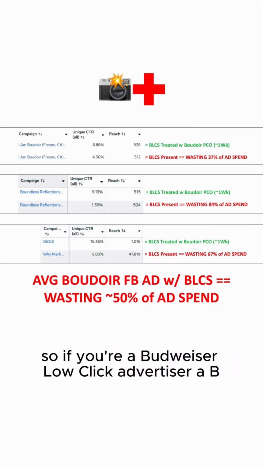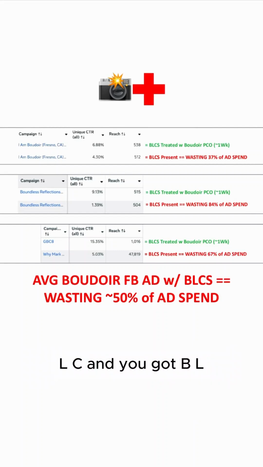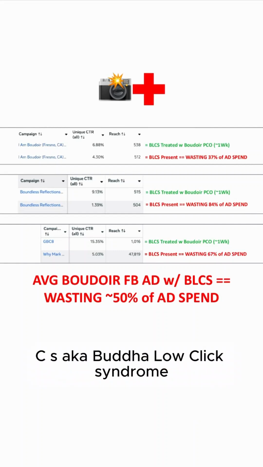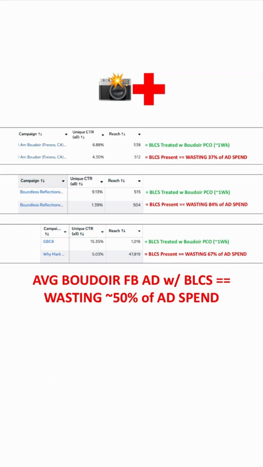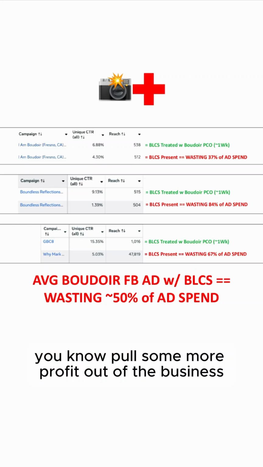All right, so if you're a Boudoir low click advertiser, a BLCA, and you've got BLCS, aka Boudoir low click syndrome, so your unique CTR is under 6% on your Boudoir Facebook ads, and you're spending more than 10 grand a month on Boudoir Facebook ads, and you want to pull some more profit out of the business.